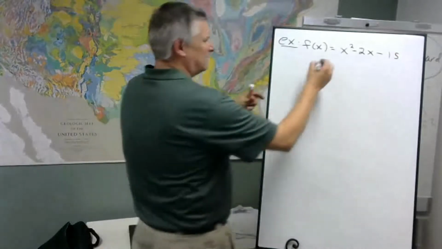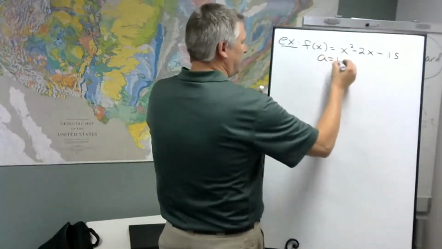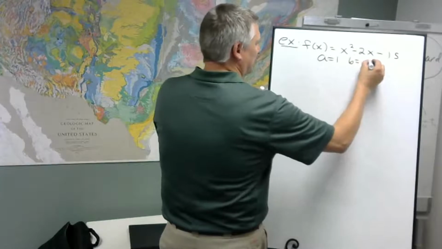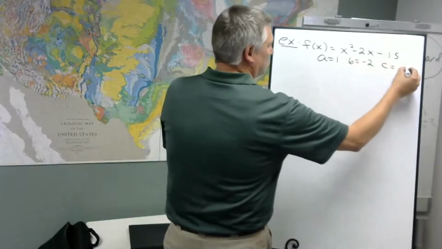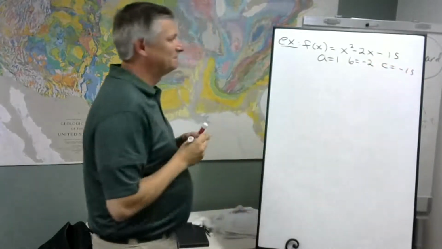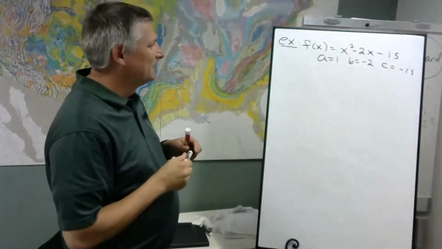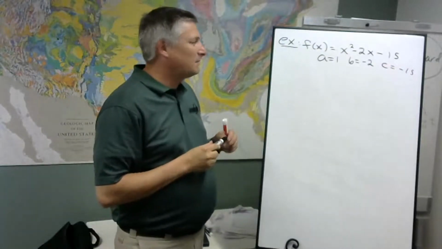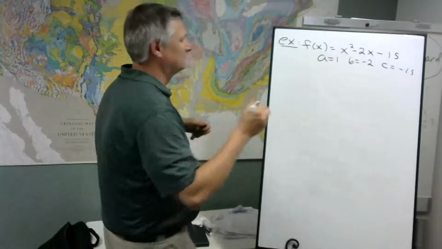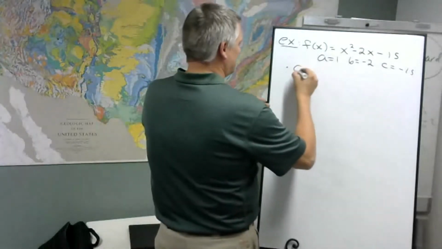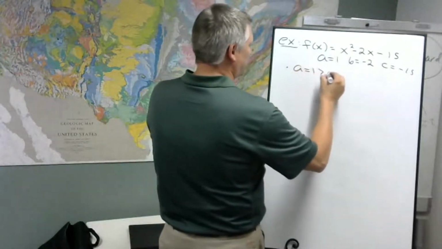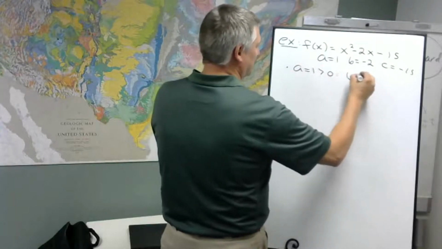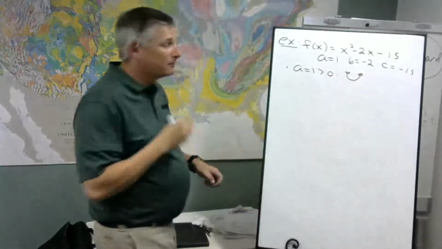Now again, we can identify A, B, and C. So taking a look at this one, again, A is 1, which is greater than 0. So it's upward facing.